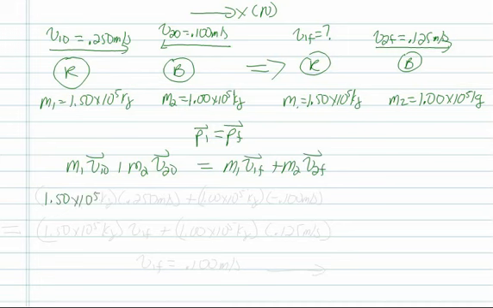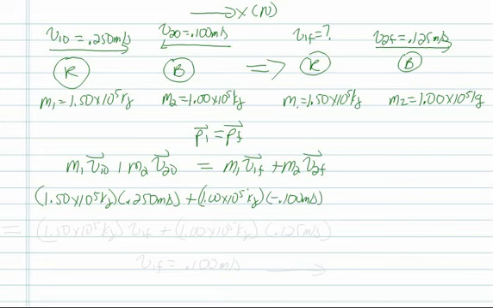1.50 times 10 to the 5th kilograms, 0.250 meters per second, plus 1.00 times 10 to the 5th kilograms, negative 0.100 meters per second. I'm going to run out of room.